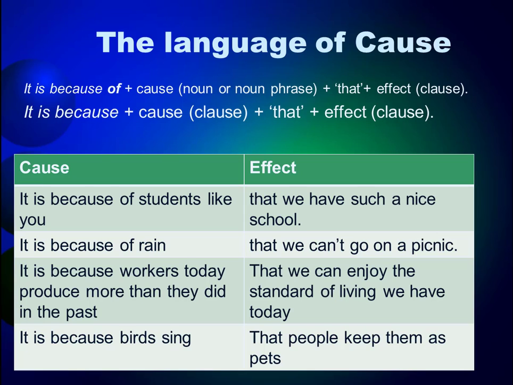Even if you have something as simple as birds sing, that is a subject and a verb, so you do not use the preposition of. It is because birds sing that people keep them as pets. If you wanted to change that sing into a gerund, it is because of birds singing that people keep them as a pet. That's possible. But in the verb form there, it is because, no of preposition, okay?